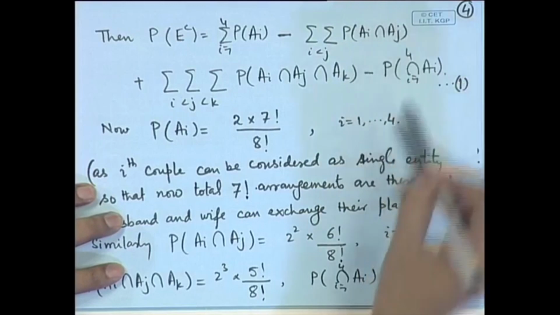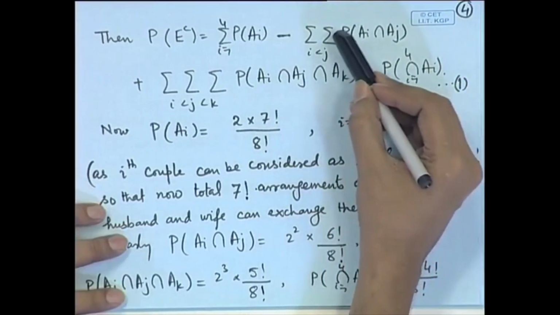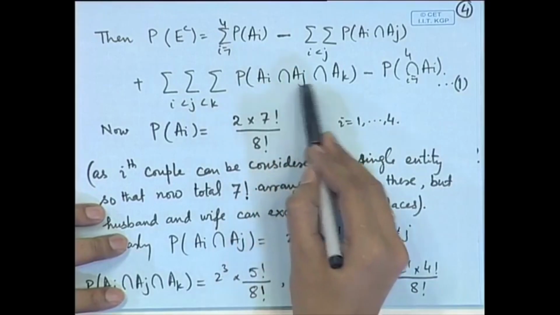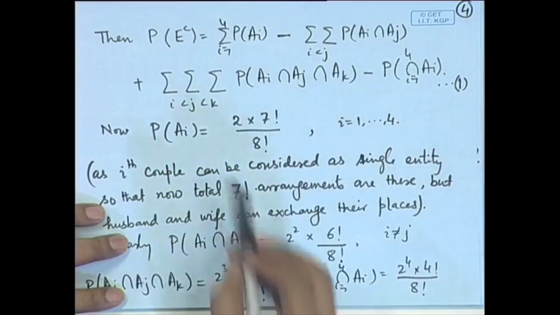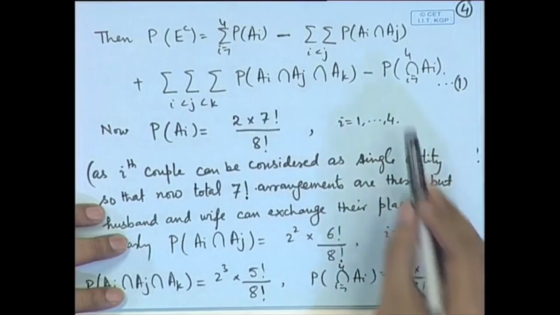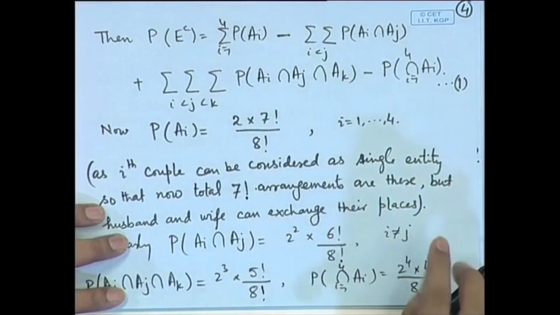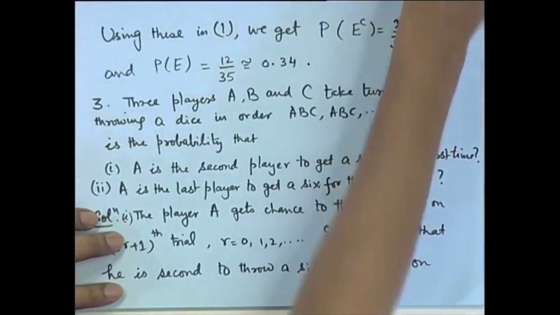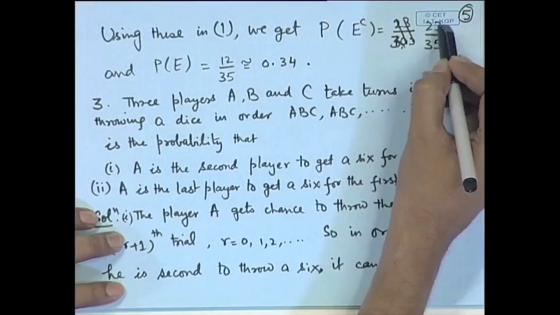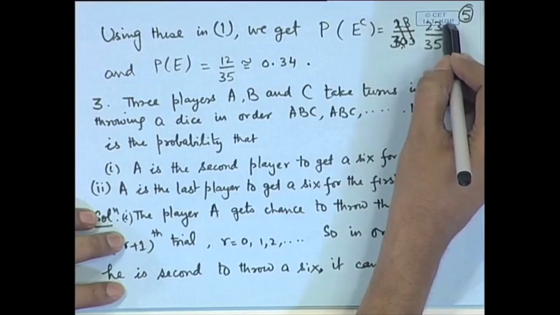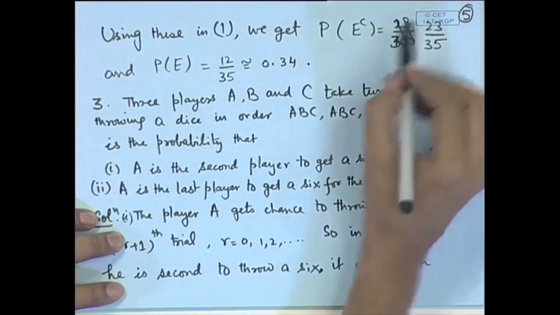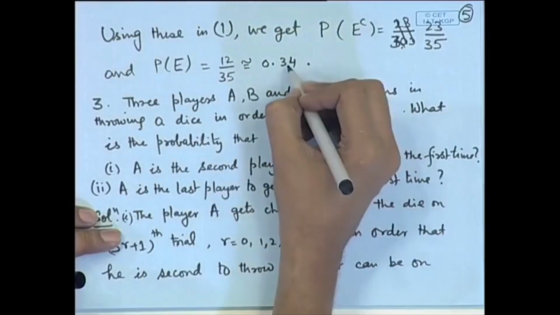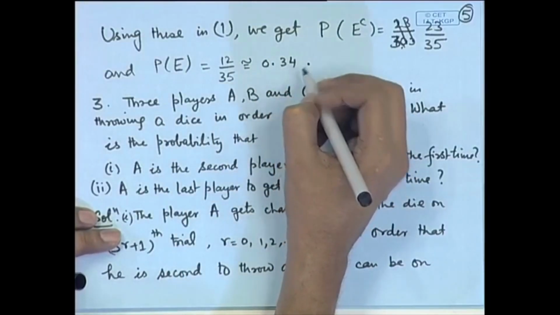The probability of A_i intersection A_j is this term and this is appearing 4 C 2 times. The probability of A_i intersection A_j intersection A_k is this term and this is appearing 4 C 3 times, and this last term is a single term. So, if we substitute all these values, the probability of E complement after some simplification turns out to be 23 by 35, or the probability of E turns out to be 12 by 35, that is approximately 0.34.